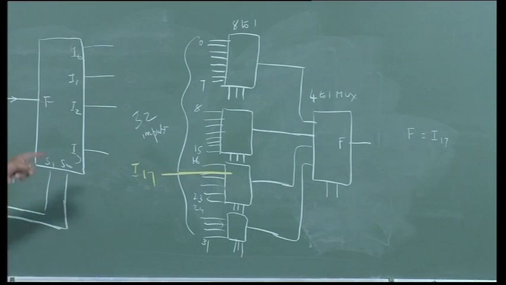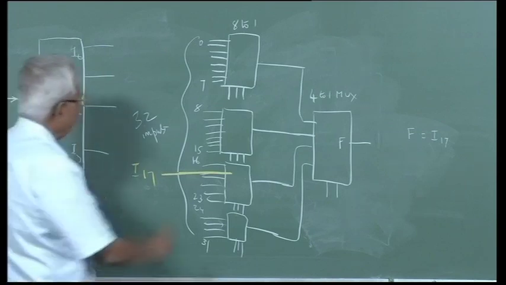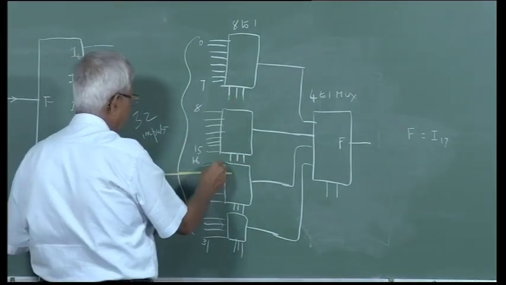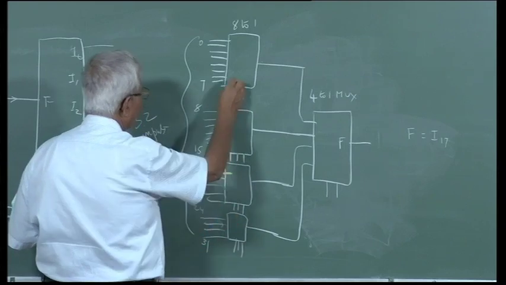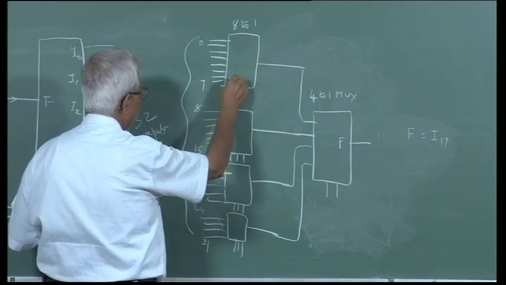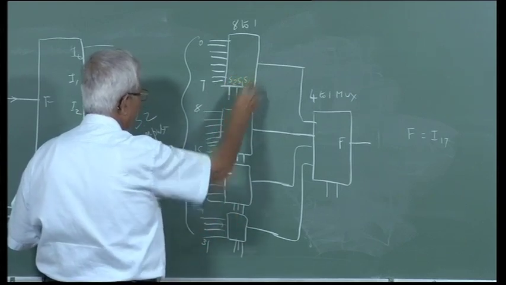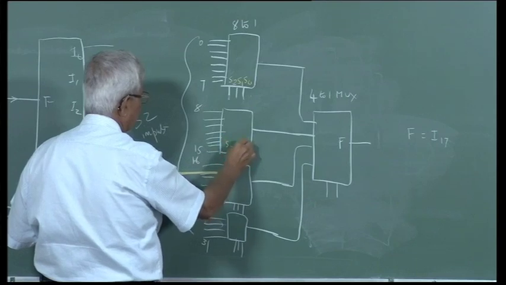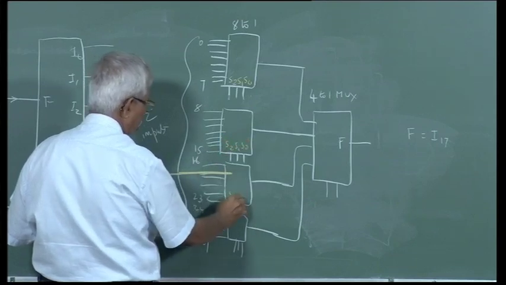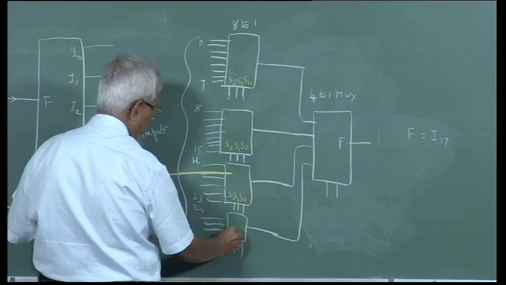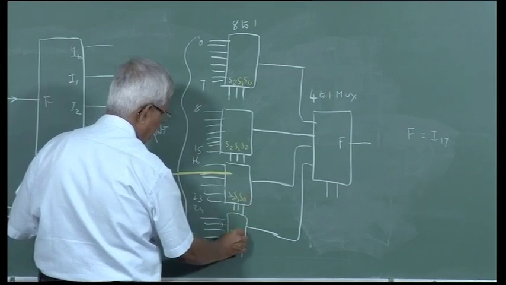In order to select this 17, I should give, this is 0, 0, 0, 0, 1. So this will be S2, S1, S0, S2, S1, S0, S2, S1, S0, S2, S1, S0.